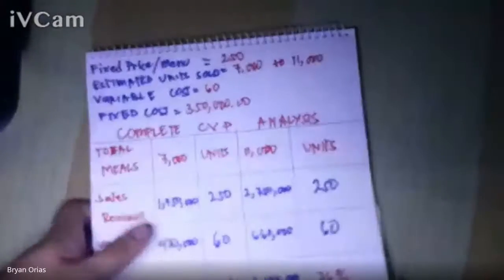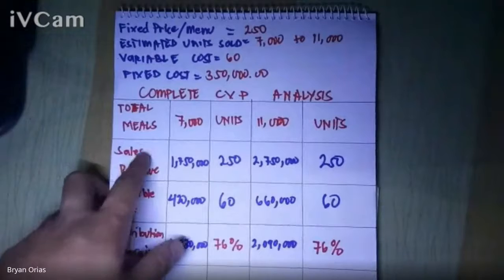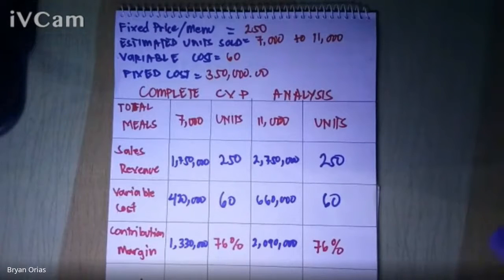Okay, so now let's proceed with the complete CVP analysis or the cost volume profit analysis. So let's suppose that a restaurant has a fixed price menu of 250. When we say fixed price menu, ito po yung price per item sa kanilang menu, so average price ng item nila for their menu.